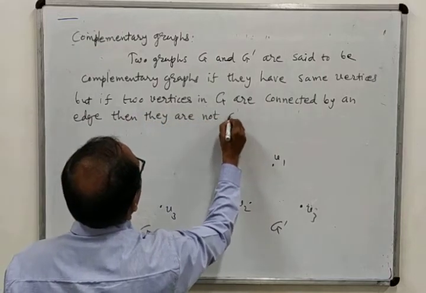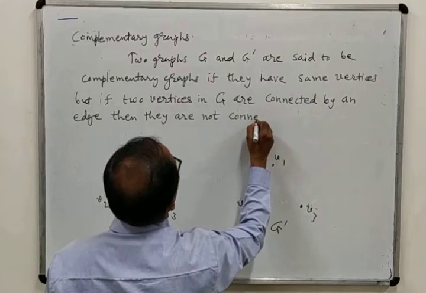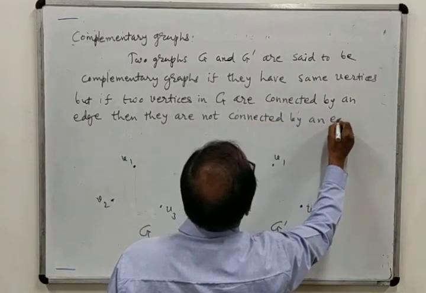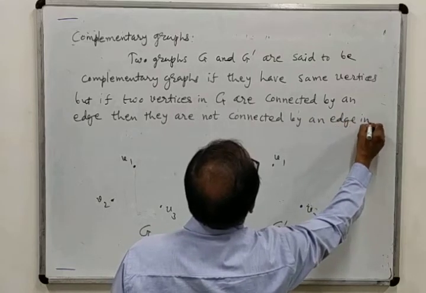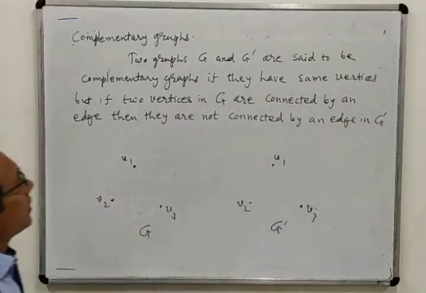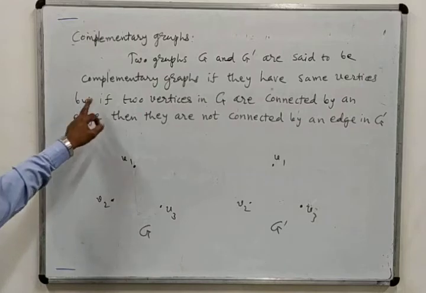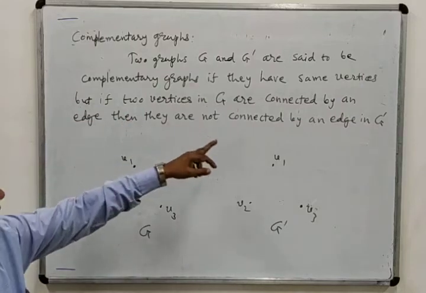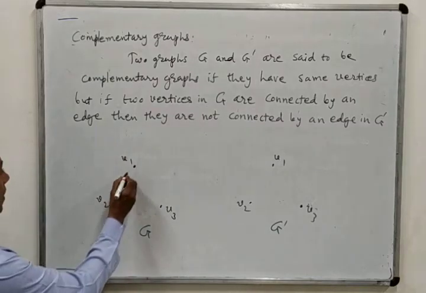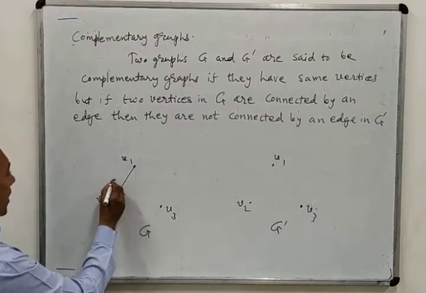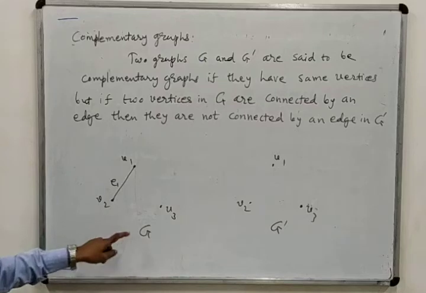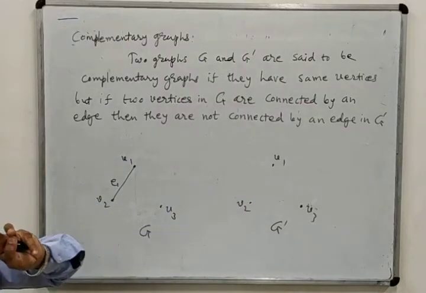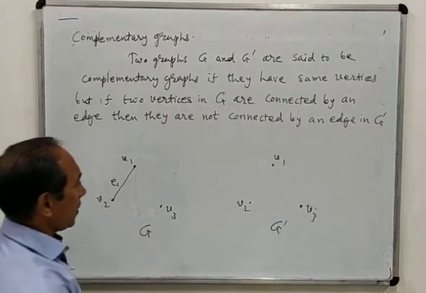Okay. So once again, read here: if two vertices in G are connected by an edge, that means suppose V1 and V2 are connected by an edge E1 in G, then these two vertices are not connected in G dash.